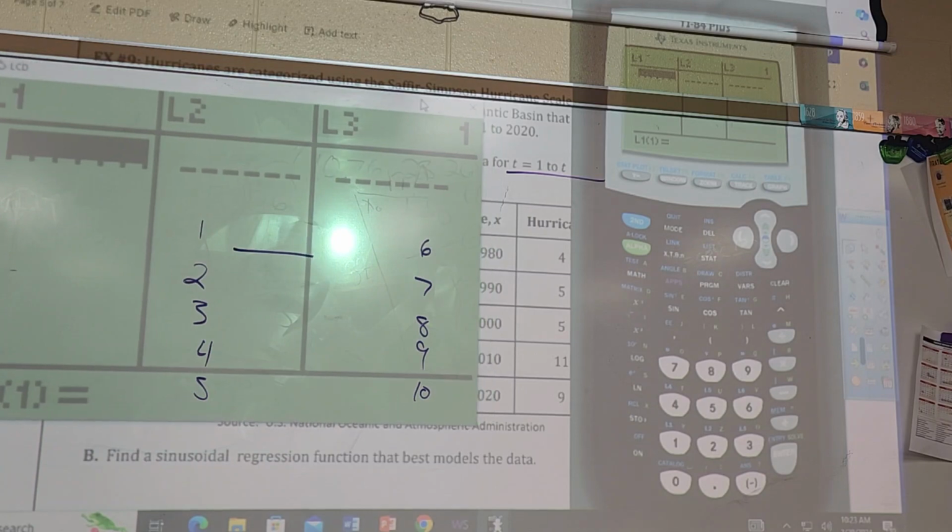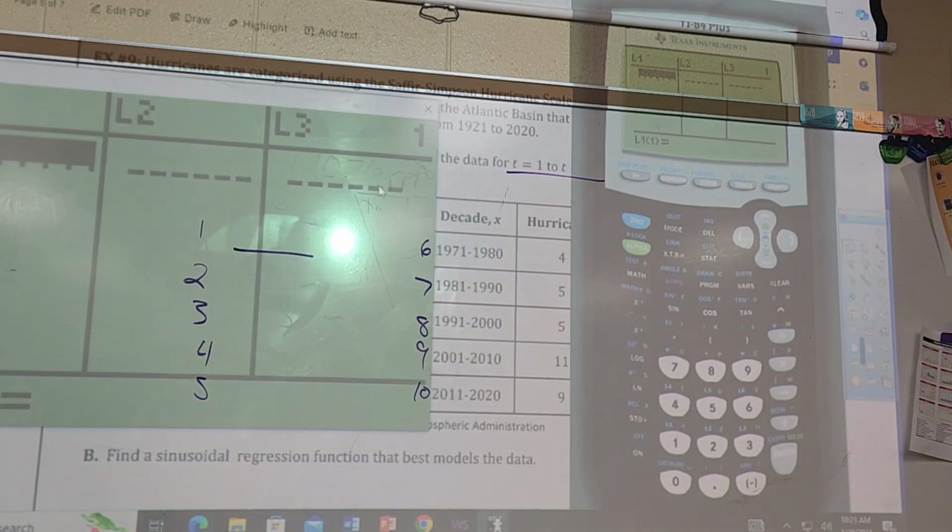Remember to clear your list before you get going, but list one's going to be what? 1, 2, 3, 4, 5, 6, 7. We go on that L1.